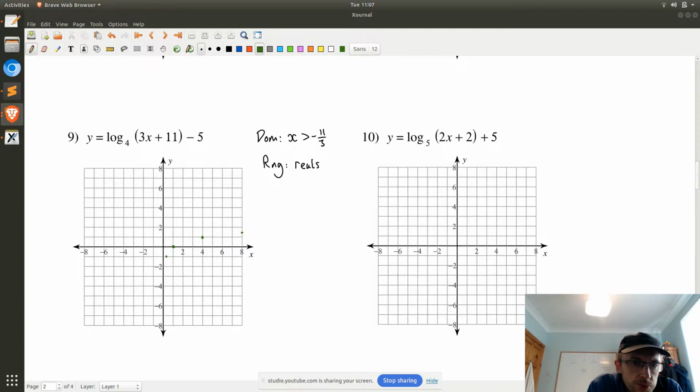Now, what does it mean to do 3x? So it means to squash it by a factor of 3. So everything gets squashed by a factor of 3.